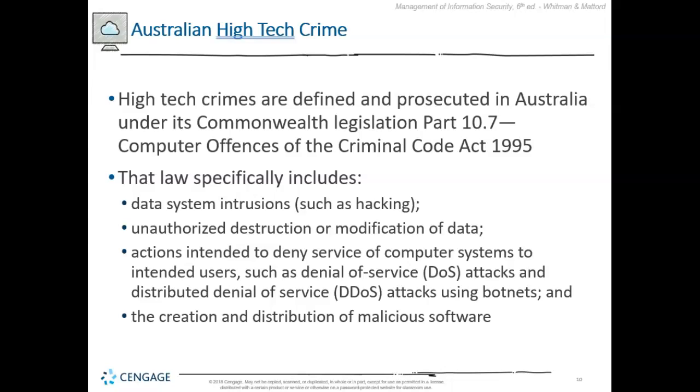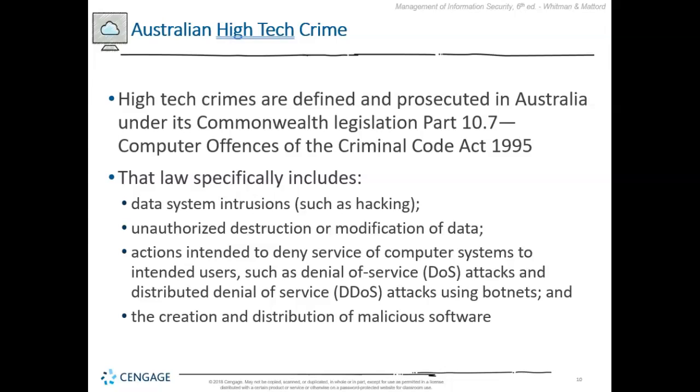The Australian High-Tech Crime Act is Commonwealth Legislation Part 10.7, Computer Offences of the Criminal Code Act 1995. Specifically includes data system intrusion such as hacking, unauthorized destruction or modification of data, actions intended to deny service of computer systems to intended individuals such as denial of service attacks, distributed denial of service attacks, and creation and distribution of malicious software.